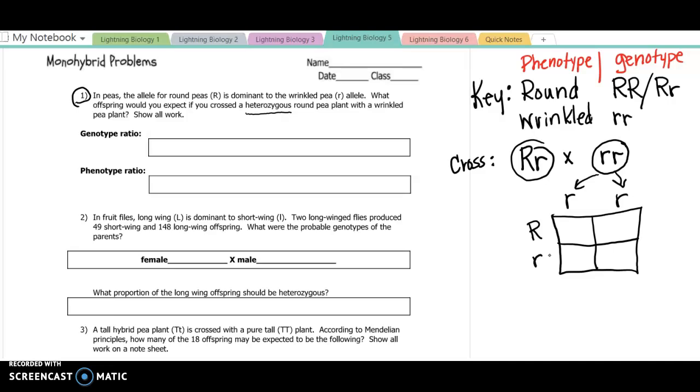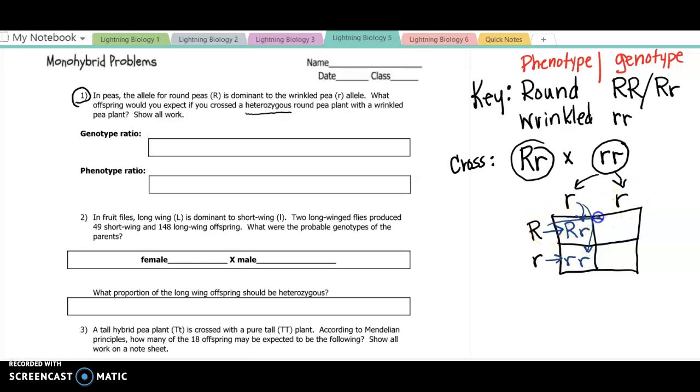Now I just have to filter in my Punnett square. And so how I do that is I just move things across the Punnett square. So for example, this R will come over here and I'm going to fill it in big R. This little r will come down and I'll fill it in little r. This r will come over, have little r. This r comes down, I have little r. I do it again.